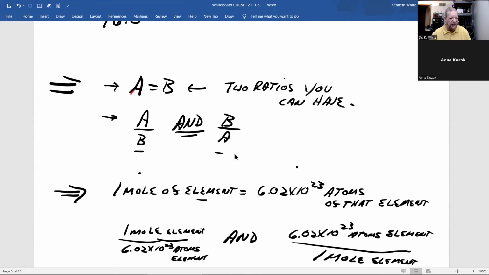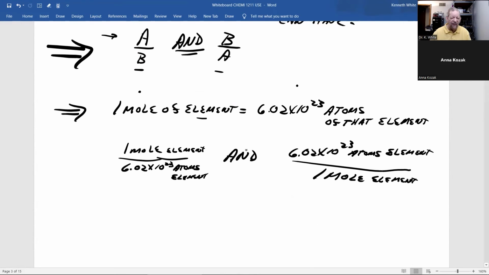That is, if two things are equal, there are two ratios. You actually really don't have to memorize this, but it'll help. So if I have 1 mole of an element equal Avogadro's number, 6.02, there's a decimal point there, now you can see it better, times 10 to the 23rd atoms of that element, I have two ratios I can draw.